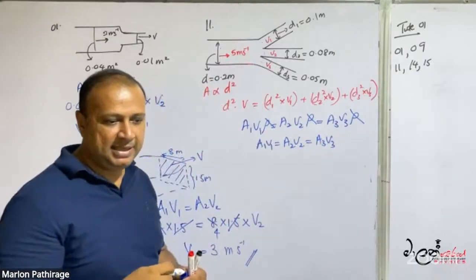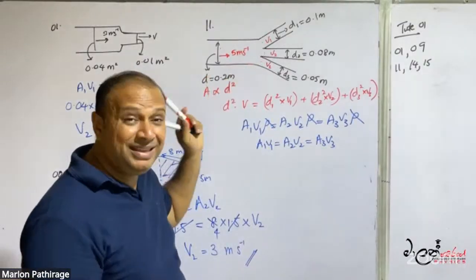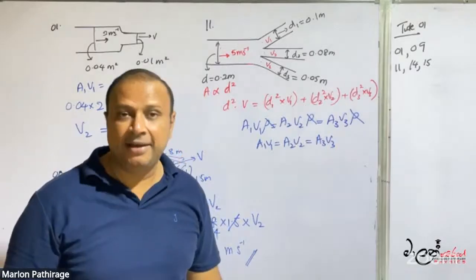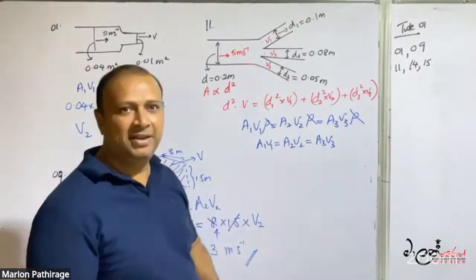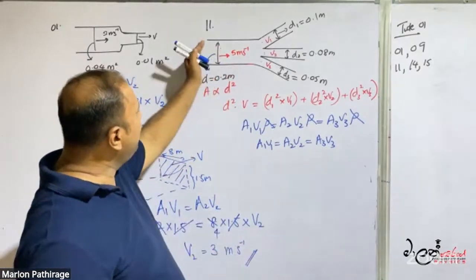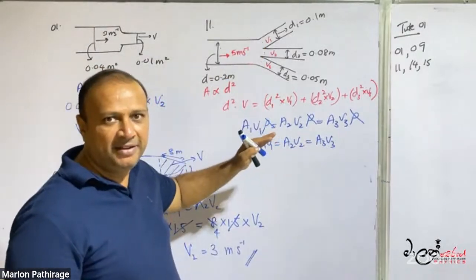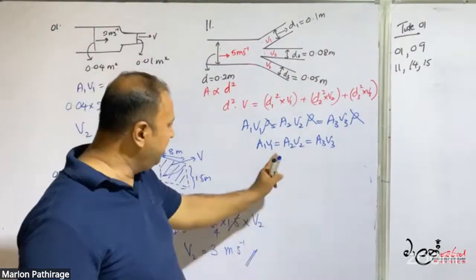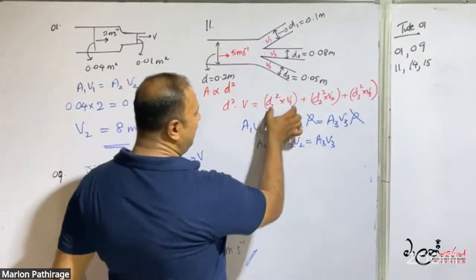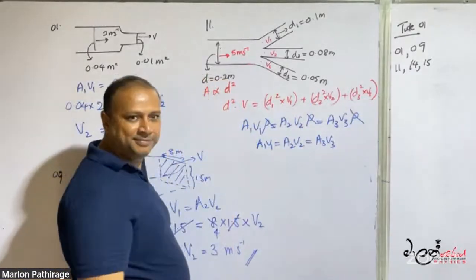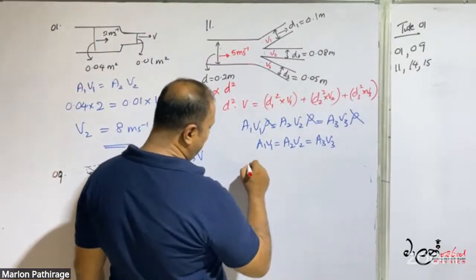That means the volume flow rate of each tube is equal. If I find the total volume flow rate, it should be 3 times this one. And the volume flow rate of the large tube.